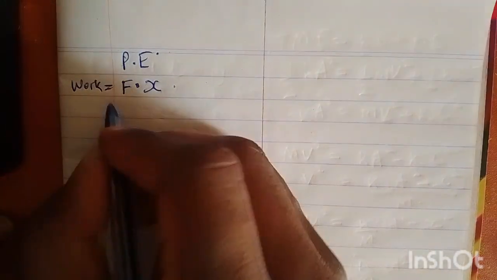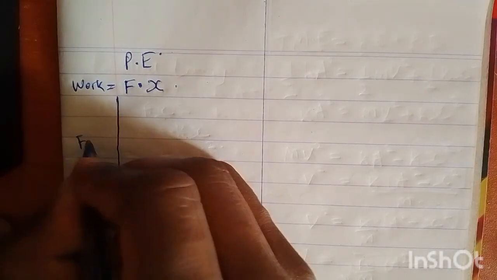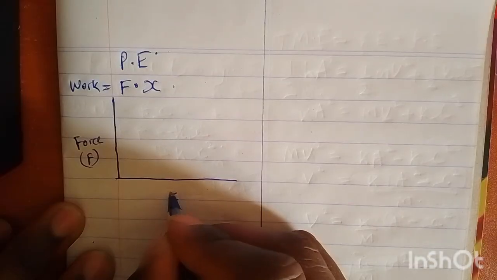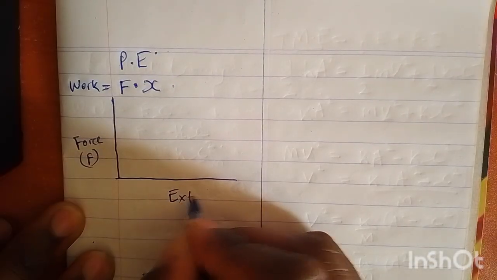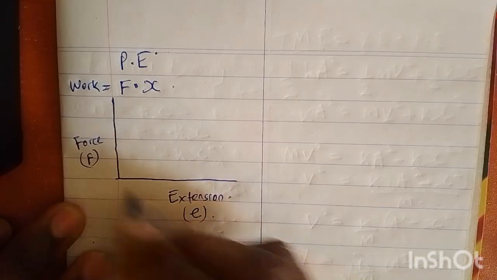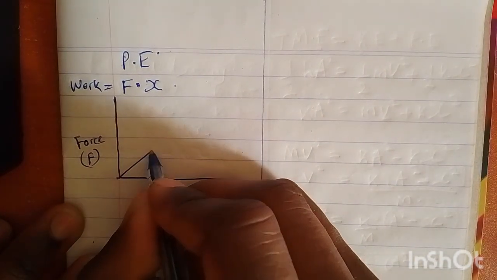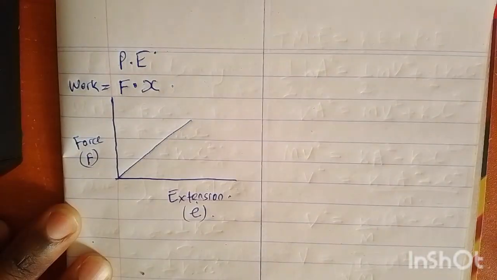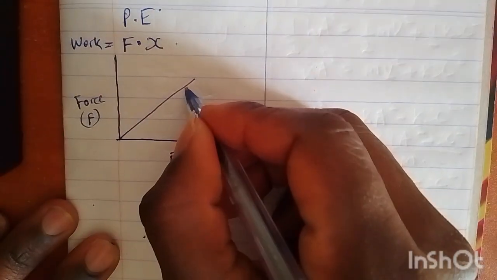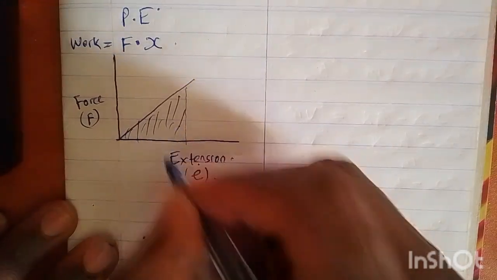But what we do know is that for a graph of force F against extension x, the force is directly proportional to the extension. Therefore, we get a line with a positive gradient, and we normally say that the area under the graph is the work done.